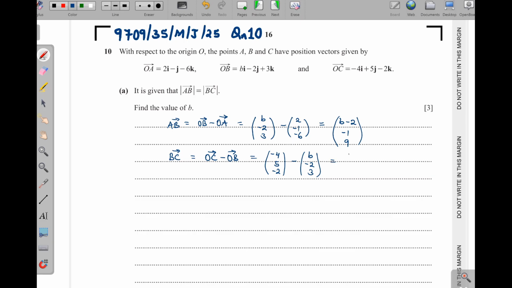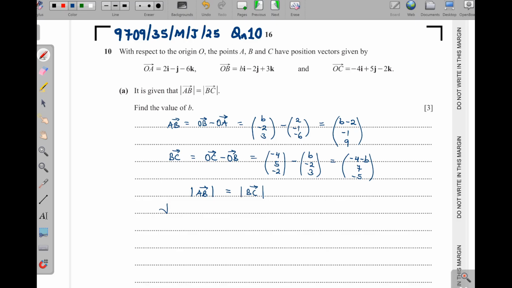And then here we shall have, what shall we have here? Negative 4, then minus B, and then 5 minus minus 2, that will add up to 7, and then minus 2 minus 3, that one will be minus 5. Okay, now they have said that the length of AB then is equal to the length of BC.